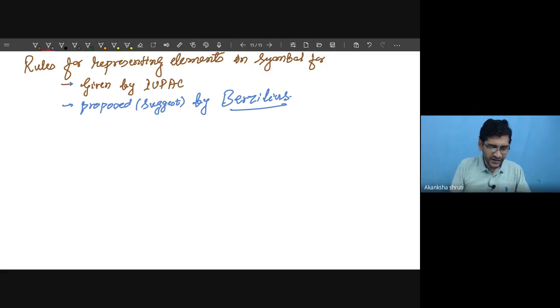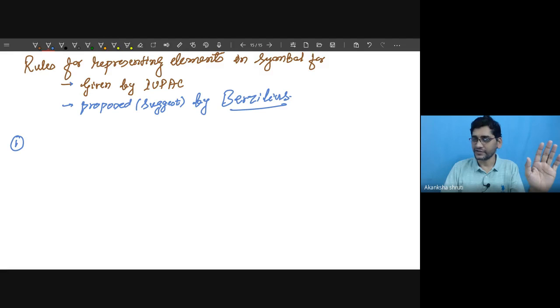Okay, so what are the rules? According to IUPAC or Berzelius, the very first rule was that elements should be represented by a few alphabets of their name.